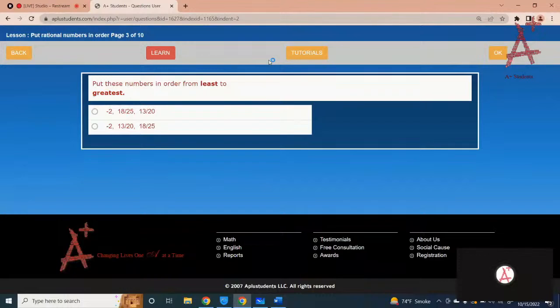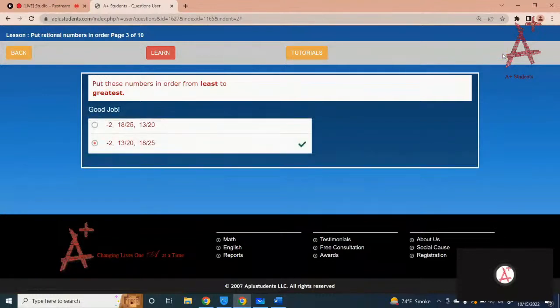Let's check. 18 by 25 equals 0.72, and 13 by 20 equals 0.65. Yes, the first option is the correct one. Got it? Because 13 over 20 is 0.65 and 18 over 25 is 0.72. So negative 2, then you have 0.5, and then you have 0.72. Got it?